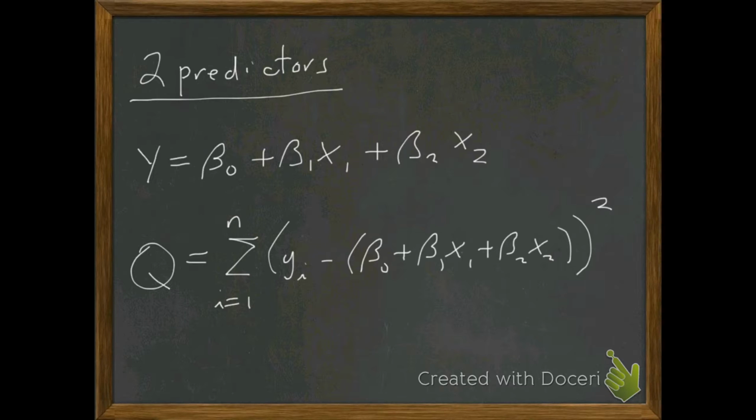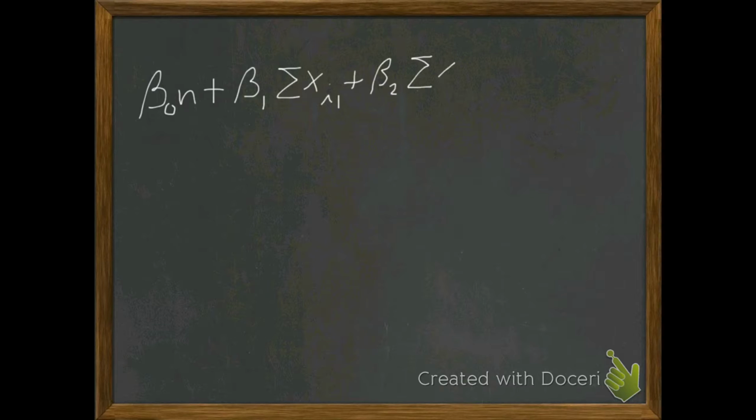And the normal equations would, of course, look like this. That should be x_i1. I'm getting sloppy here.